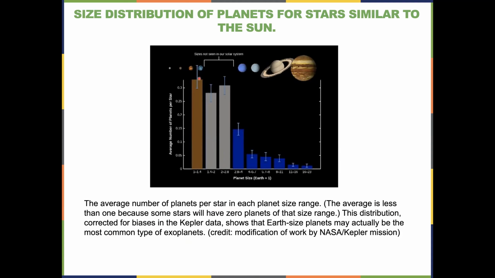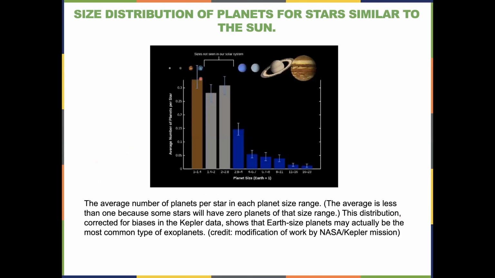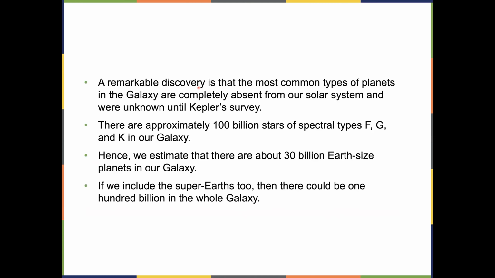You can see that approximately 30% of the planets may be Earth-sized planets right here, and that gives you this 30 billion, right? So you have 100 billion stars of these three spectral types, F, G, and K in our galaxy. If you look at this graph, around 30% of the planets are Earth size. And that means we should have around 30 billion Earth-sized planets in our galaxy.